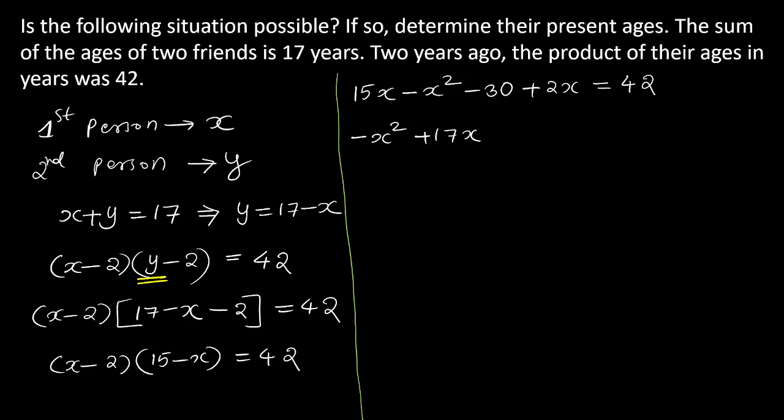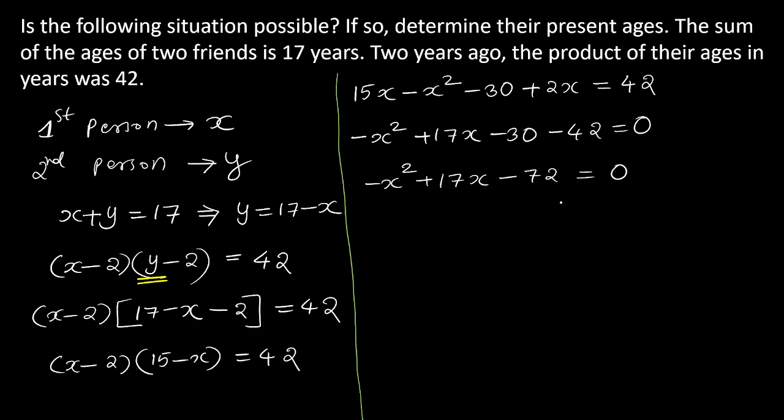Minus 30 is there. And this 42 can be taken to the left hand side, becomes minus 42, equal to 0. Minus x square plus 17x minus 72 equal to 0.